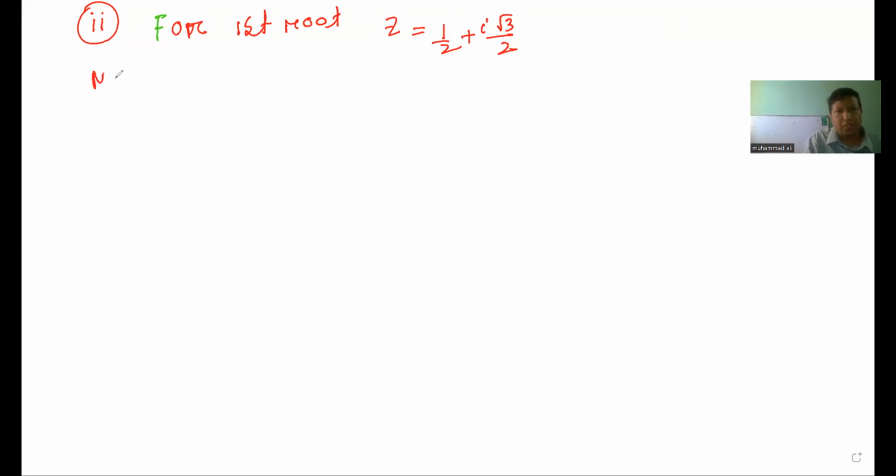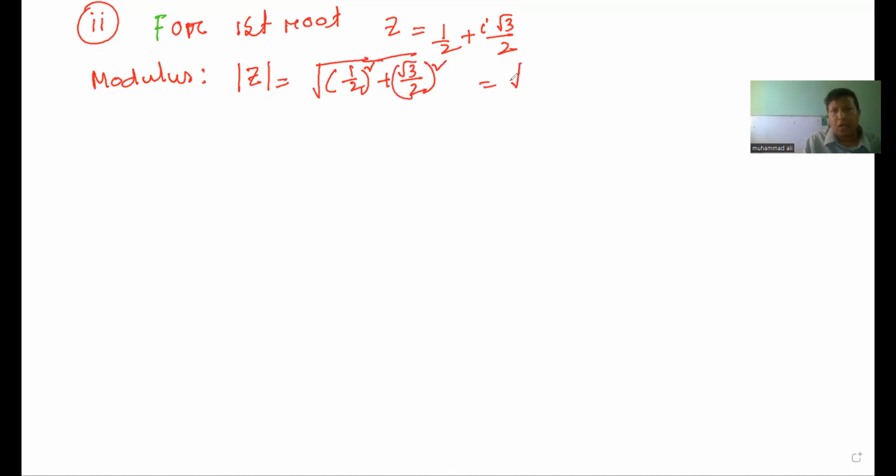So the modulus of z equals root over half squared plus root 3 by 2 squared. So we get 1/4 plus 3/4, so finally 4/4, which is 1. This is the modulus for the first root.